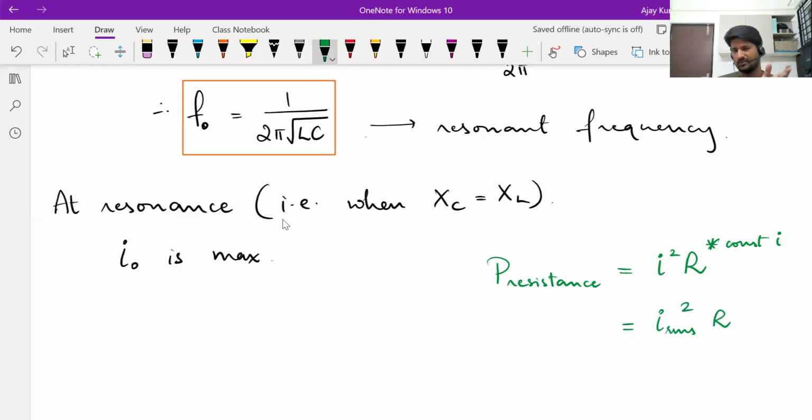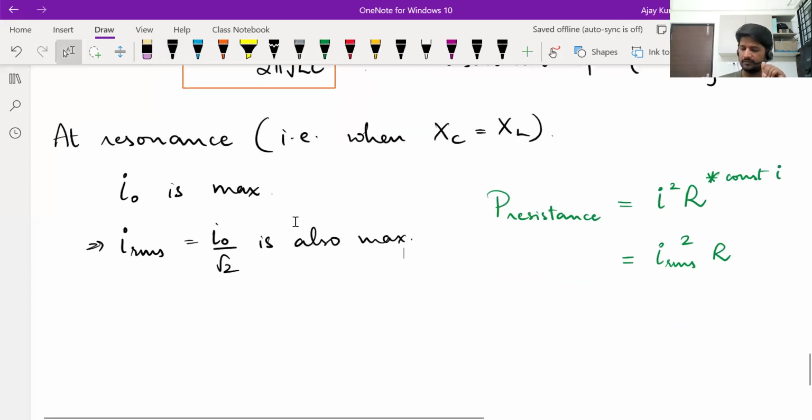Instead of writing the function and taking its average, you can directly substitute the RMS value of the current. So at resonance, peak value is maximum. That means the RMS value of current, which is I naught by root 2, will also be maximum. And if RMS value of current is maximum, power dissipated will also be maximum.